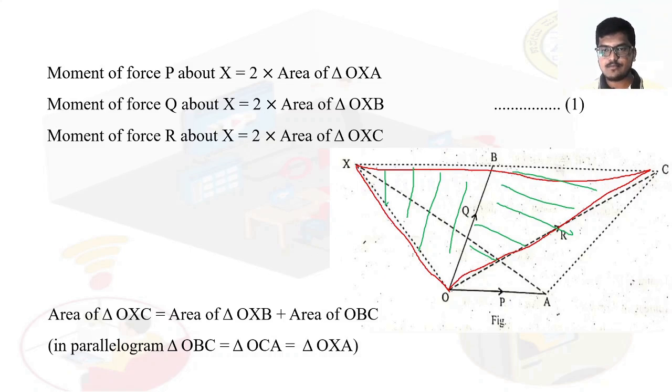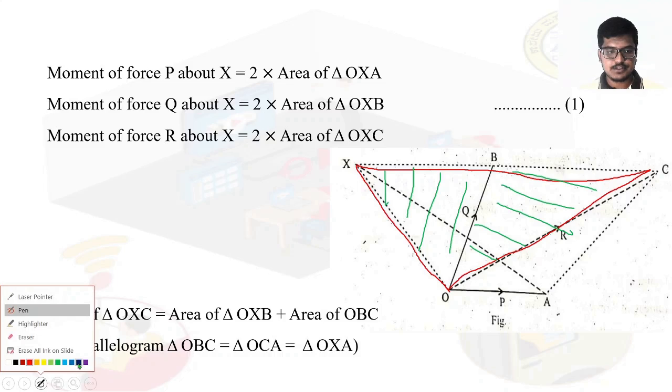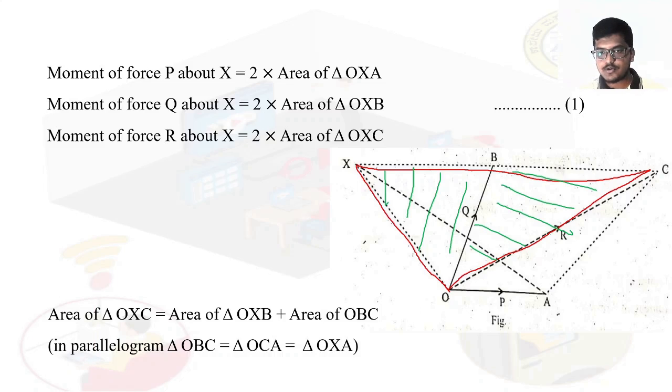Okay. So in this parallelogram, that is parallelogram OBAC, see here, this is the parallelogram. So by the property of parallelogram, what we can tell?